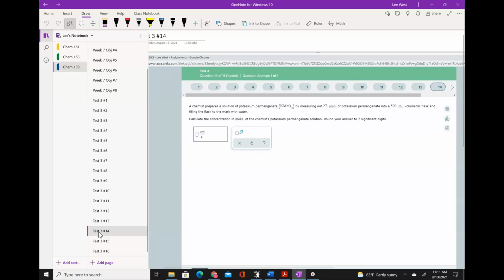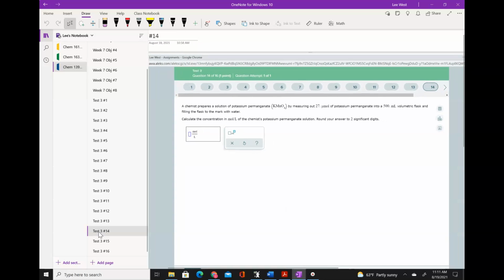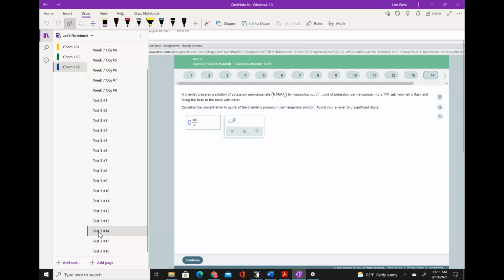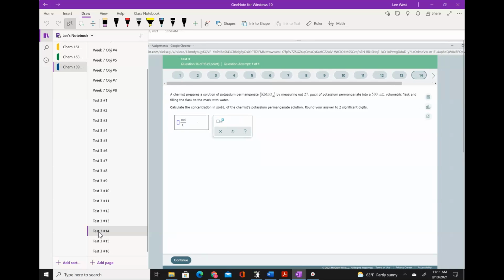All right, 14. What do we got here? Oh, this looks really similar to what we had before, but it's about the molarity concept, right? The moles per liter. So it says a chemist prepares a solution of potassium permanganate by measuring out 27 micromoles of potassium permanganate into a 500 mL volumetric flask, and then filling the flask to the mark with water.